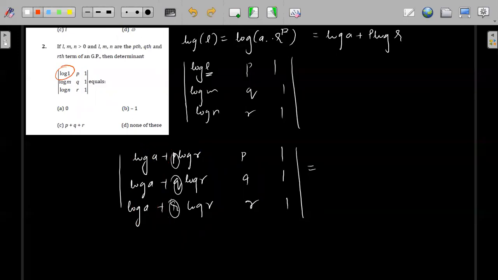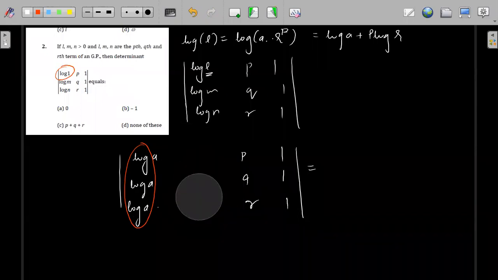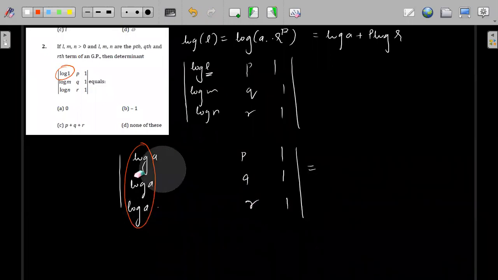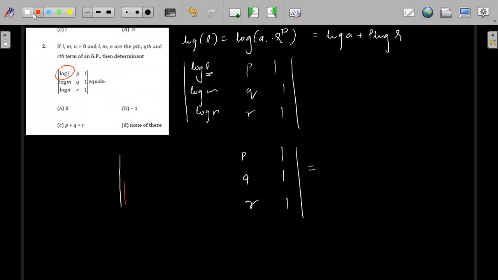When we remove this part, this will have P, Q, R, P, Q, R, so this will come out as 0. Now we have log A P 1, log A Q 1, and log A R 1. Log A we can take out, so this will become 1, 1, 1 again, and this will become 0, because two of the columns are exactly the same. Okay, so let's copy this one also.